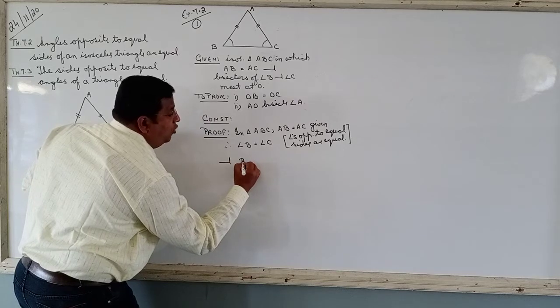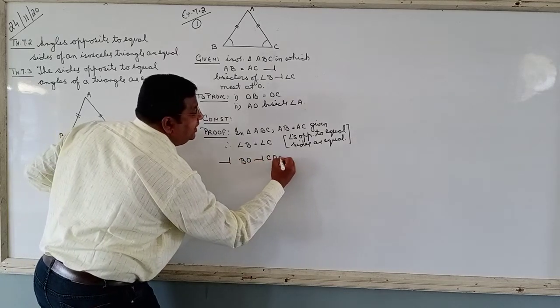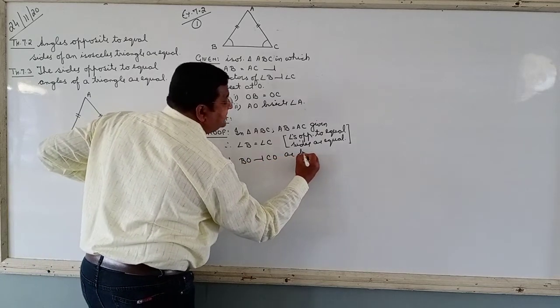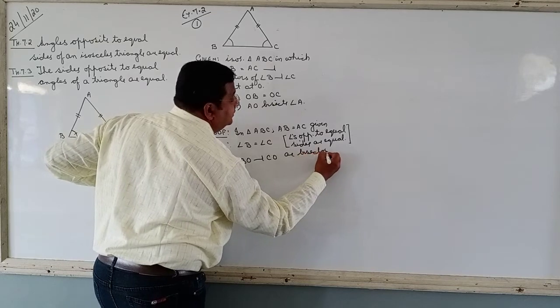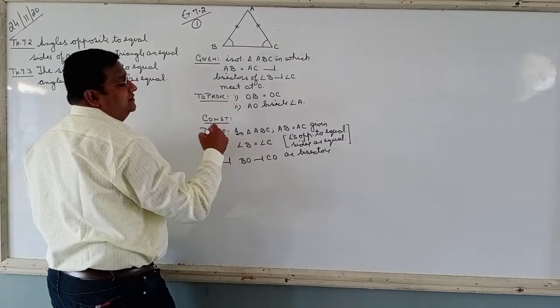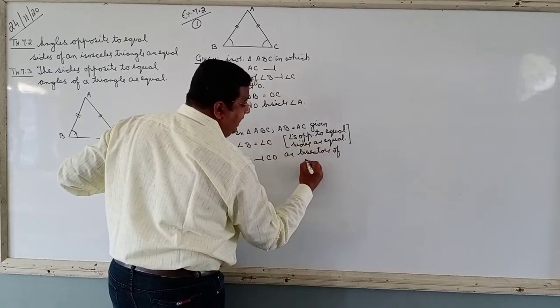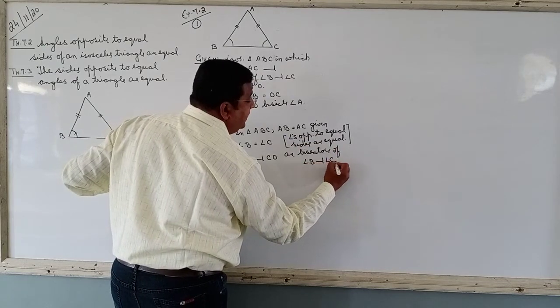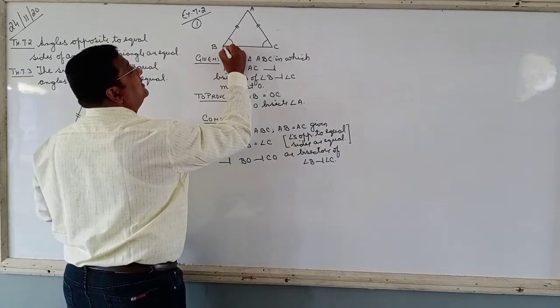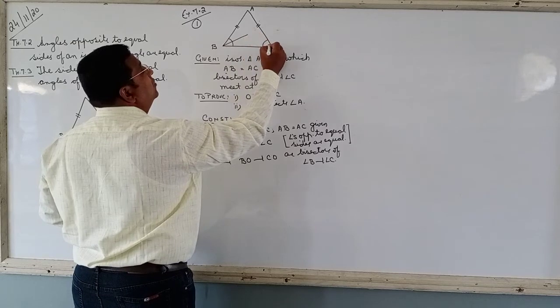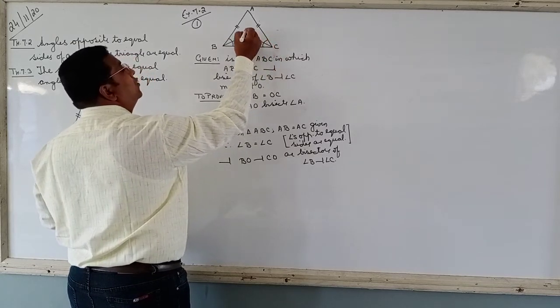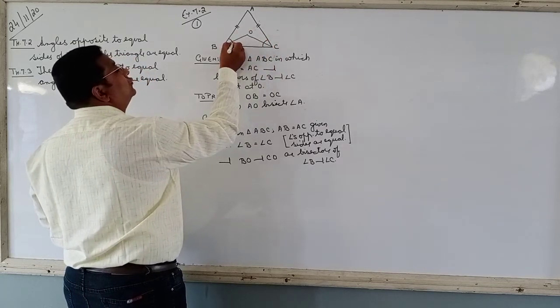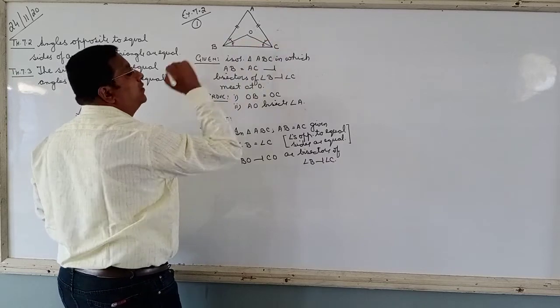And BO and CO are bisectors of angle B and angle C. So that means this is BO, this is CO, intersecting each other at O. Will these two also be equal?